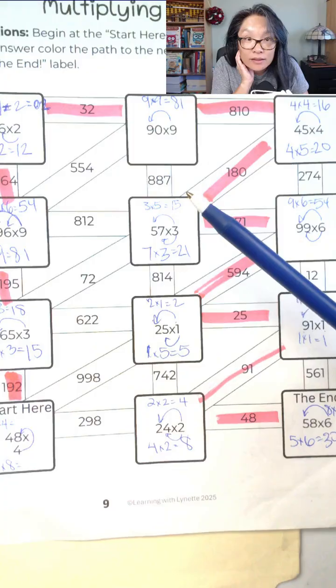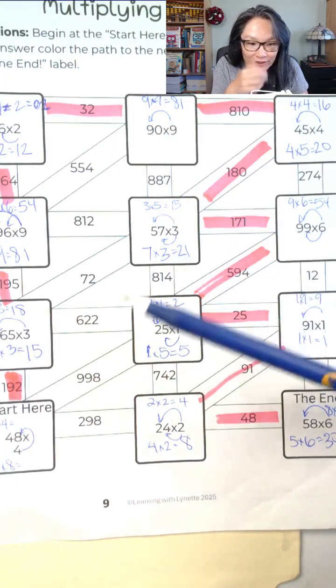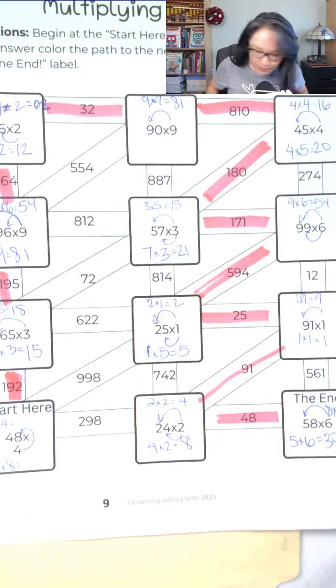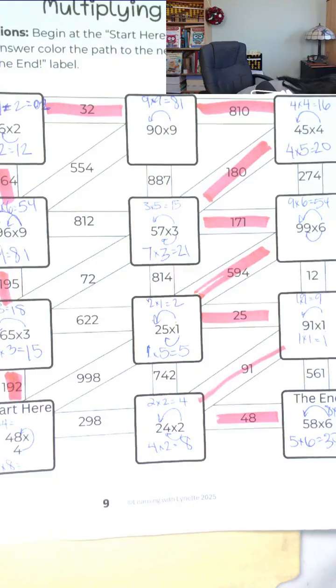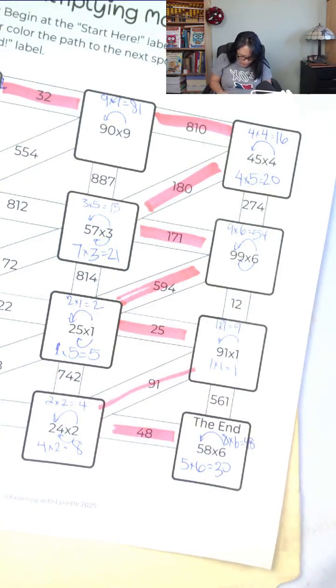So what's next? We can do multiplication, my favorite. Oh yeah, let me see if I can find the other one. Let me see if I can find the other one. Because I did it by, what did I do? I did it by category order.